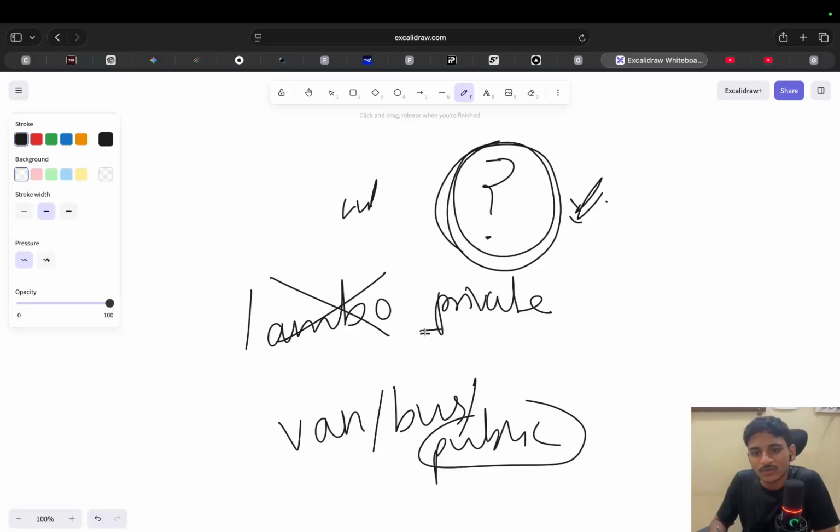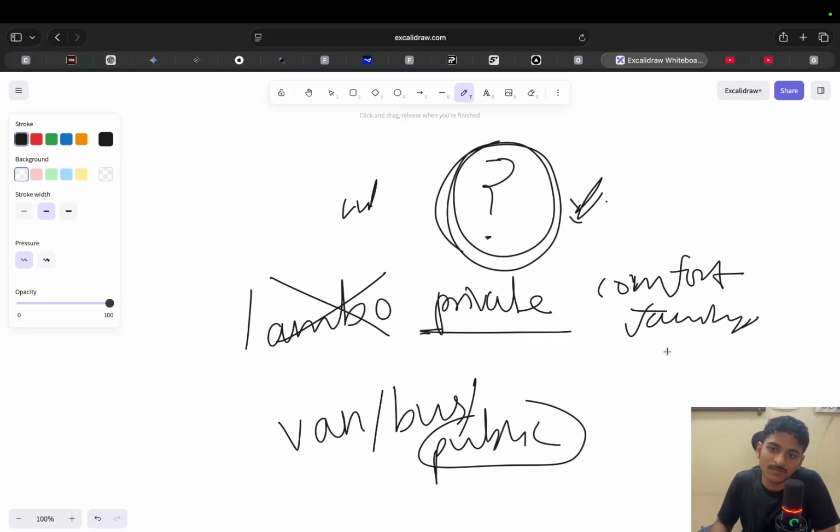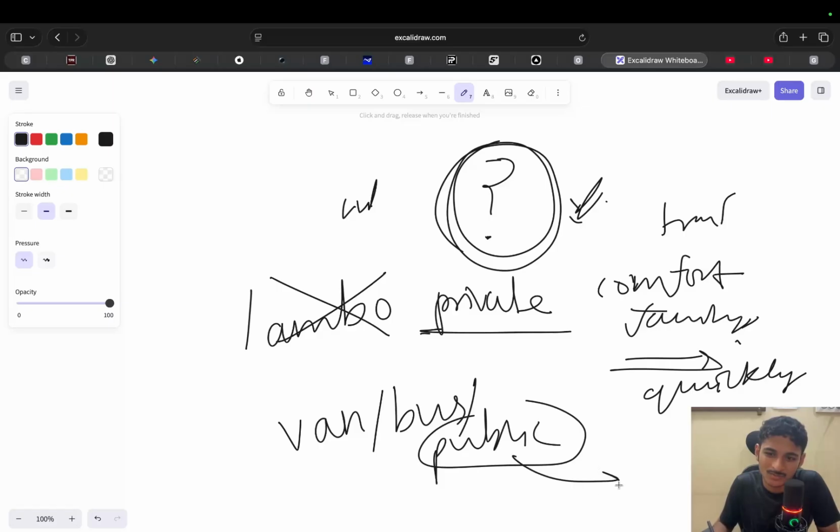In private transport, you can have comfort, you can have family, personal time, and you can go quickly wherever you want. Sometimes, it's subjective, you have traffic and you can't go quickly, and here you don't have traffic, you just go on the metro or something.